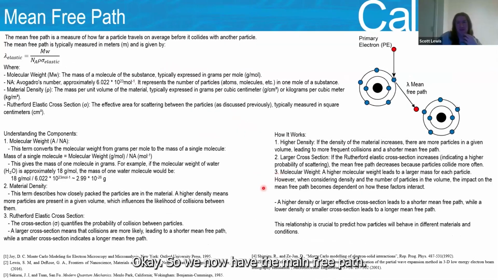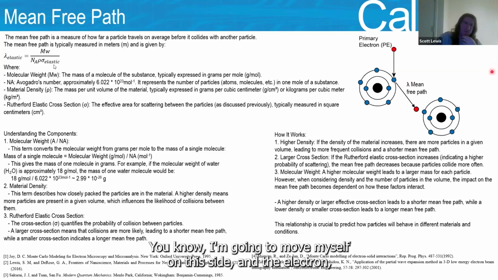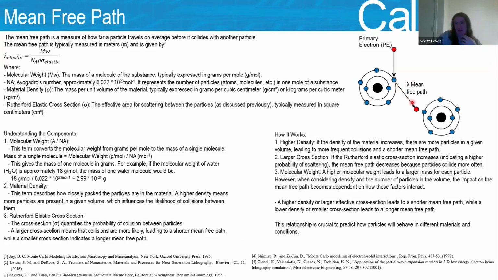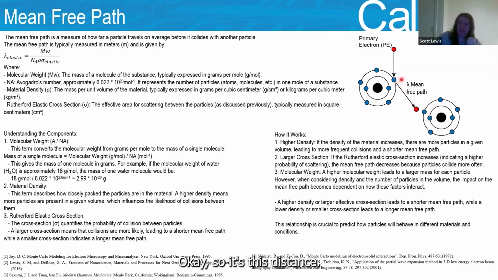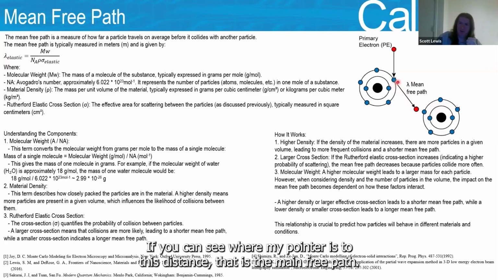Okay, so we now have the mean free path. So we've basically had a scatter. Okay, something's happened. We don't know what yet. I'm going to move myself on this side, and the electron, as this elastic scattering, is basically moving on to the next atom. So it's this distance, if you can see where my pointer is, to this distance, that is the mean free path.